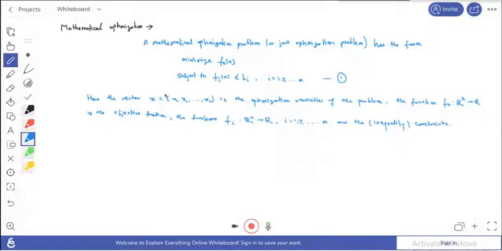Okay, so here you have to find the inverse problem. You have to find the value of x, that is x star, which expresses your optimal solution.